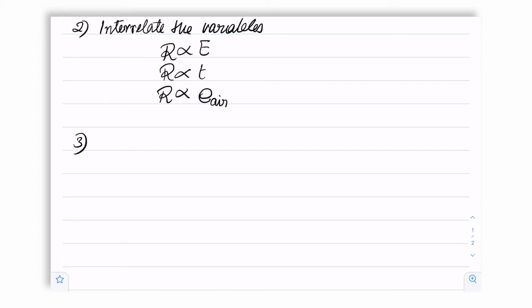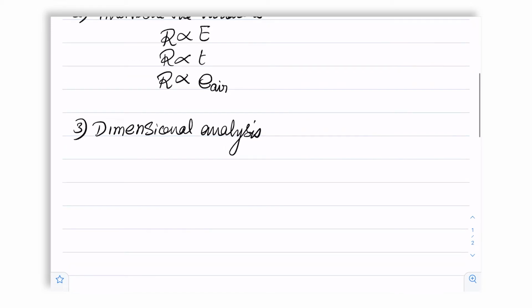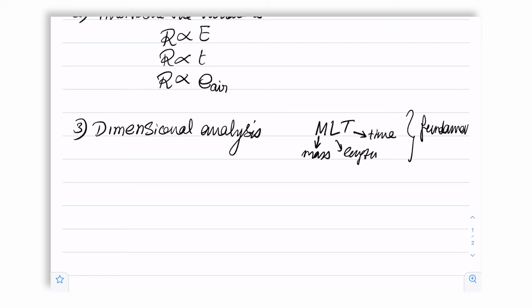The third step we take is dimensional analysis. Now, this is a very important step. Those of you who remember your high school physics remember mass, length, time as the fundamental dimensions. R, therefore, in terms of dimensions, is given as L to the power 1.